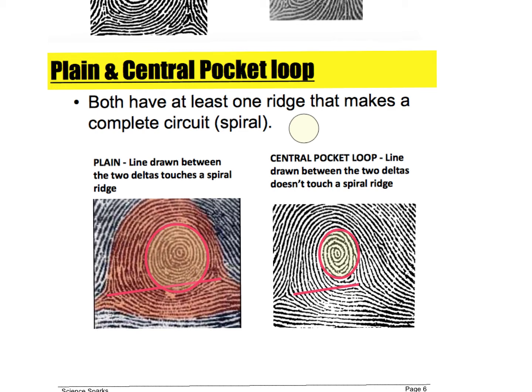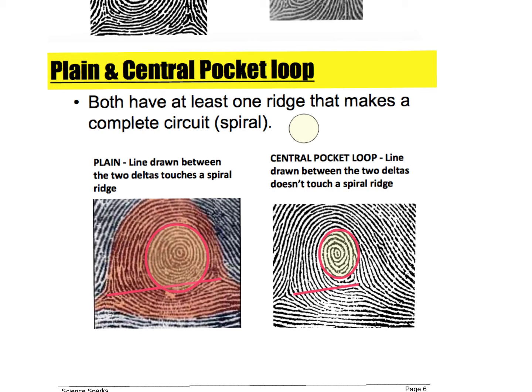So for the plain whorl, the one ridge that is making a complete circuit may be spiral, oval, circular, or any variant of a circle. And then when you draw an imaginary line between the 2 deltas, they must touch or cross at least one of the recurring ridges within the inner pattern area.